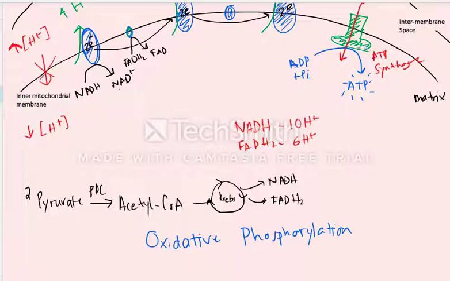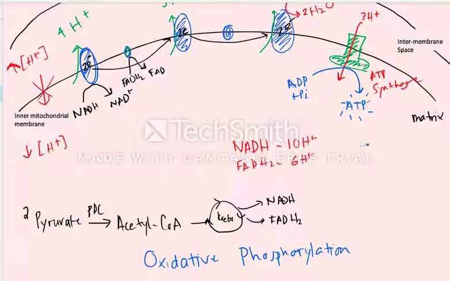This ATP synthase is adding a phosphate group onto the ADP to make an ATP molecule. Oxidative phosphorylation, as you see, is different than substrate level phosphorylation. Oxidative phosphorylation is an indirect process. It's the production of electron carriers that will later on be oxidized to create the proton gradient that's going to be used to produce ATP.